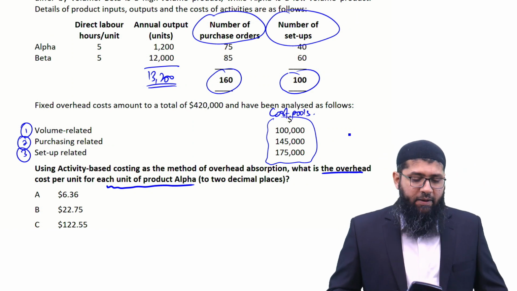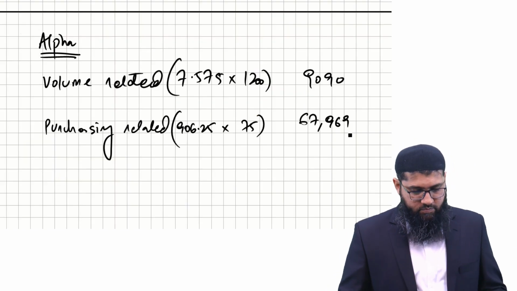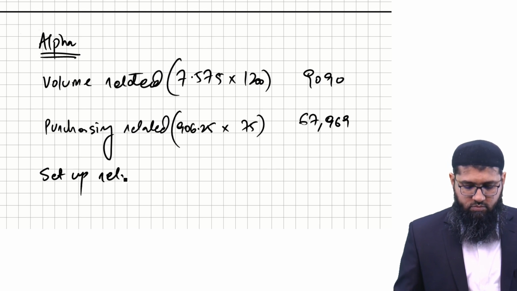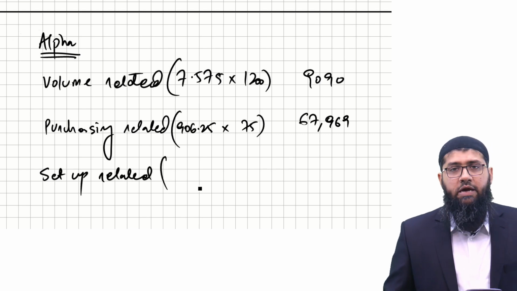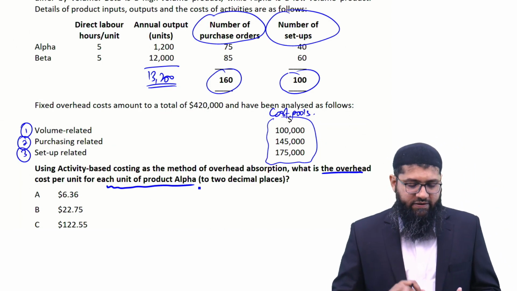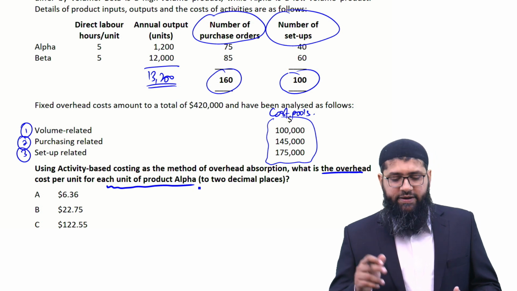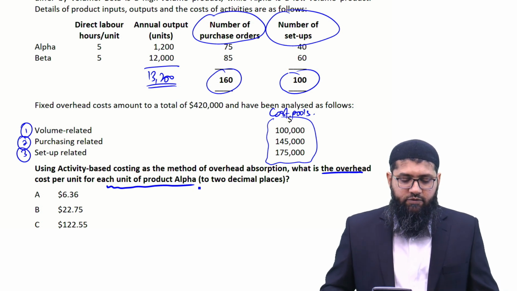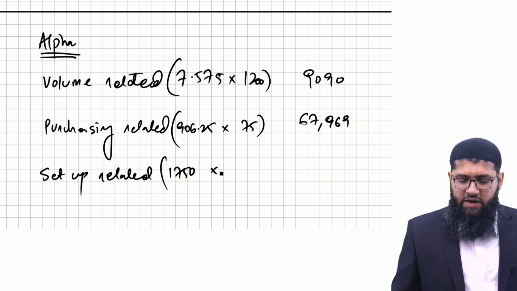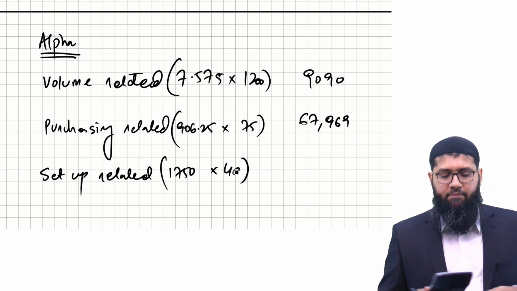Then the setup related cost, we know the setup related cost is what? Is 175,000 divided by 100 gives you 1750. So this 1750 multiplied by 40, which is the number of setups.